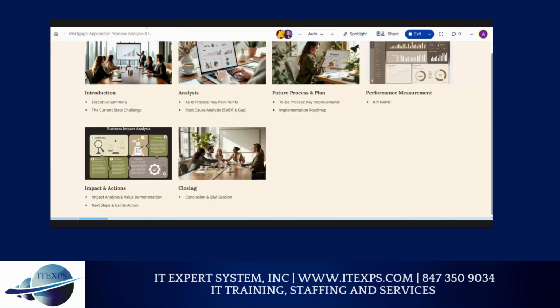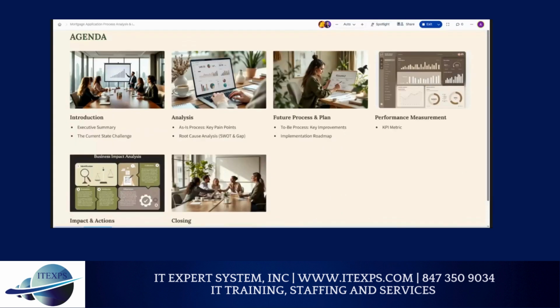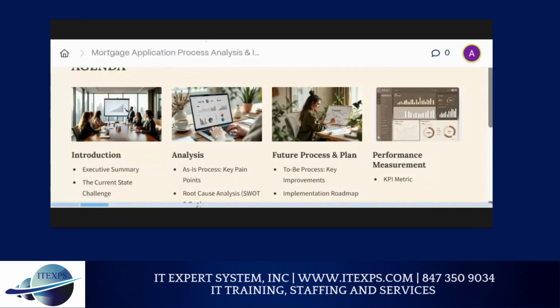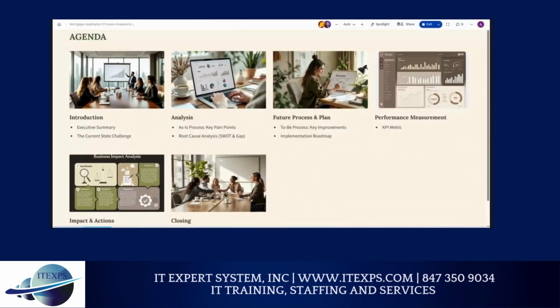Then we will share our analysis, including pain points and root causes. We will present our proposed future state process, key improvements, and how we plan to implement and measure them using our clear KPIs. Finally, we will discuss the overall impact and close with any questions that you have.